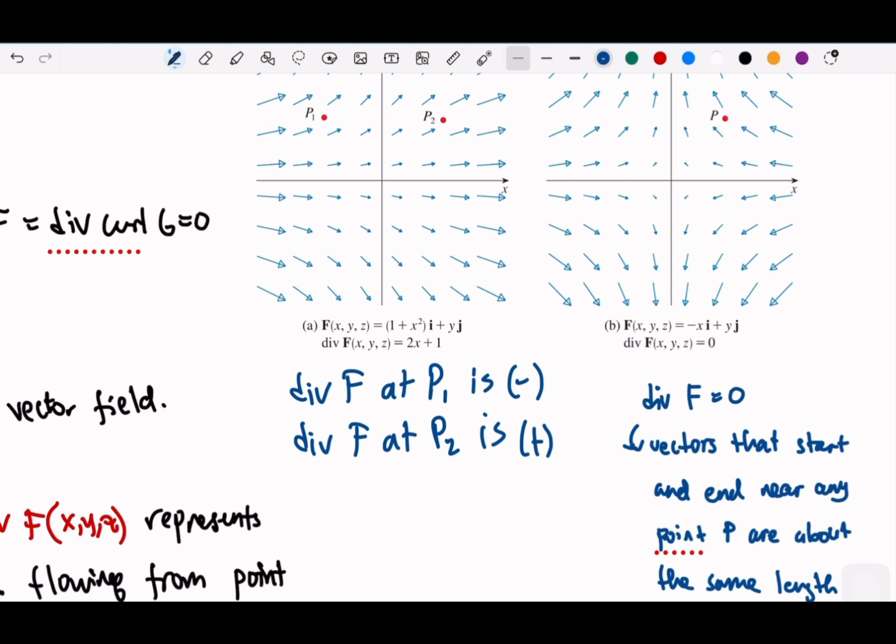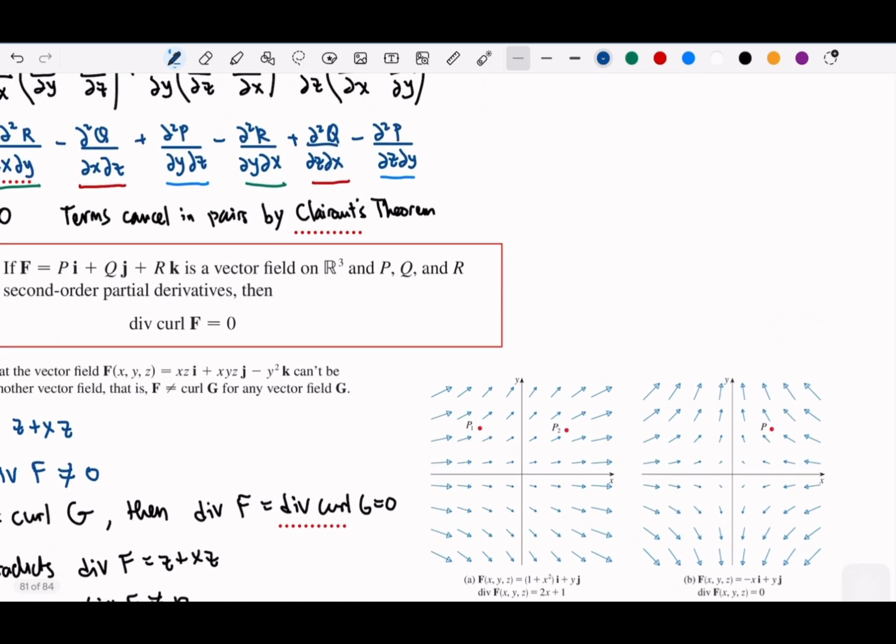Let me give you another point of view. Say we have the point P, and the vector field is coming out like this. We say div F is positive, because it is coming out and nothing is going inside.